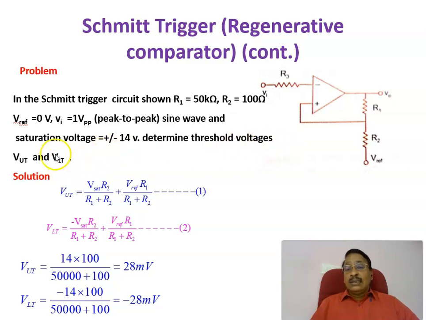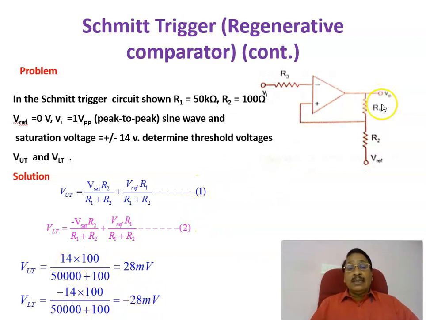You have to calculate the upper threshold voltage and the lower threshold voltage. You can write the equation for VUT and VLT, which we already derived. Since V reference is made 0, this term will be 0, and VUT will be equal to minus VLT, which equals Vsat divided by R2, divided by R1 plus R2.